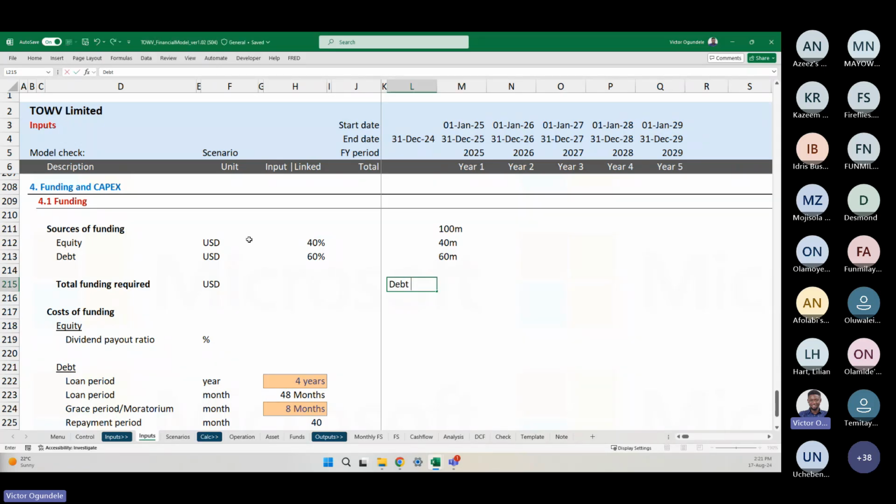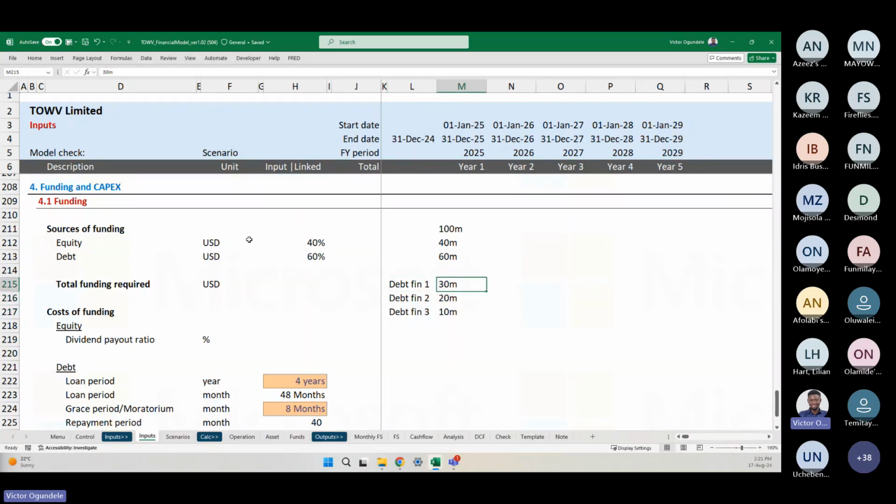So maybe financier 1, financier 2, and financier 3, right? Maybe financier 1 is saying, hey, I can fund 30 million. This one is saying, I can only give you 20 million. And this one is saying, I can give you 10 million. So this 60 million will be distributed across these 3.